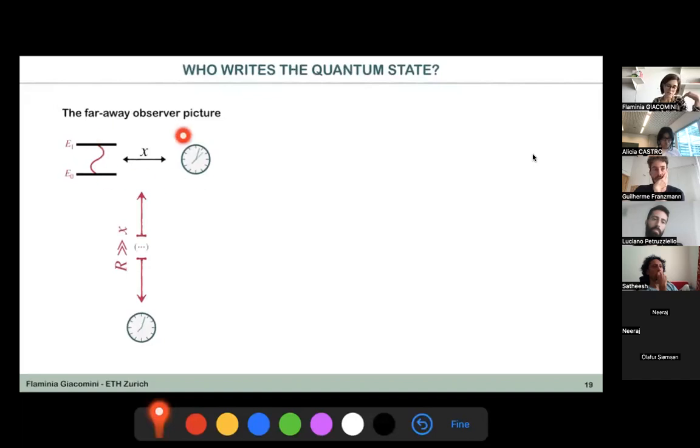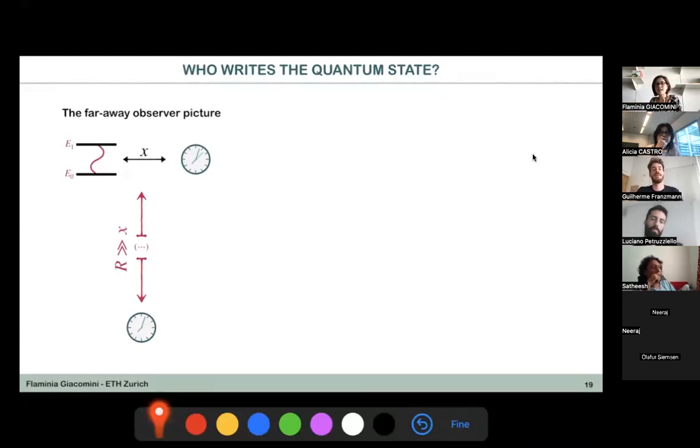For instance, for these 2 clocks that are interacting, someone who is so far away that, if these 2 clocks are in E0 or in E1, it doesn't matter to him. He can just write down some Minkowski metric, and all the fluctuations are far below his experimental resolution. And so he can just use the Minkowski metric to write down t, to write down x, and to write down the state of the 2 clocks together.